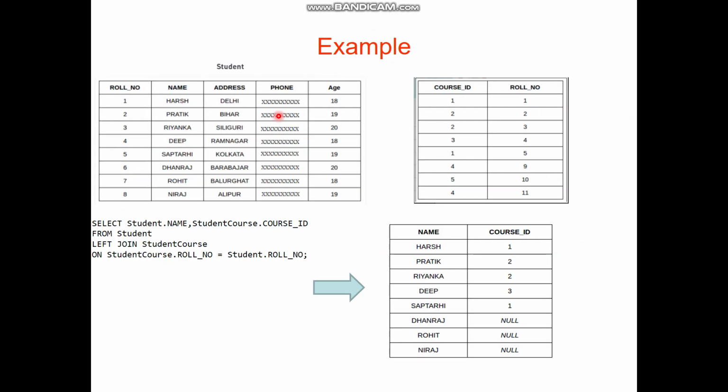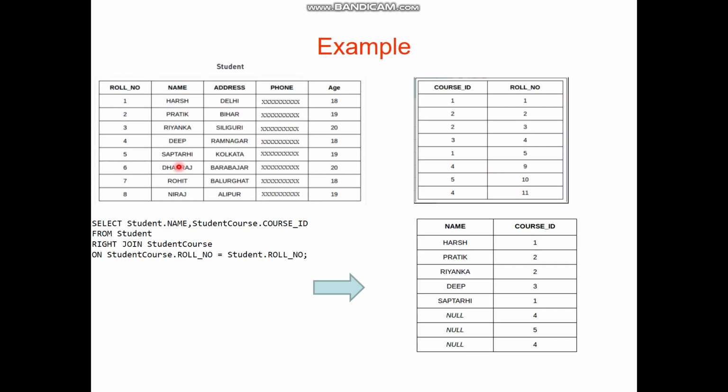So for example, in the previous example, we only found the first 5 matching rows, but now we'll also get the records for 6, 7, 8 as well. If you see here, you are getting the left table as well. Why? Because we have from student left join student course. So student is the left table and student course is basically the right table. So it will keep the dangling tuples of the left table as well.